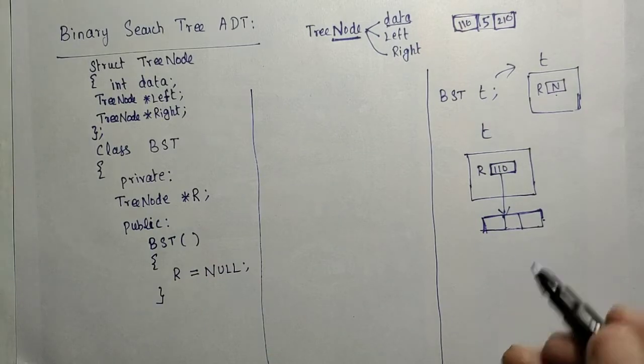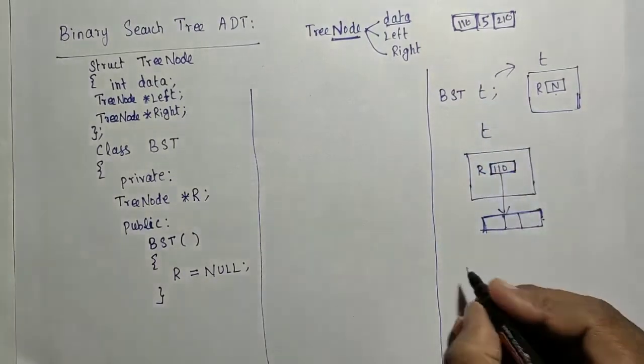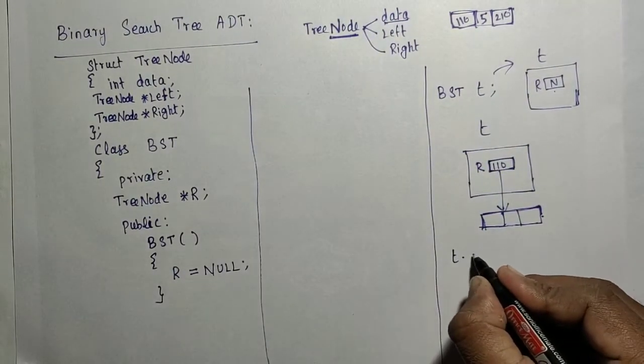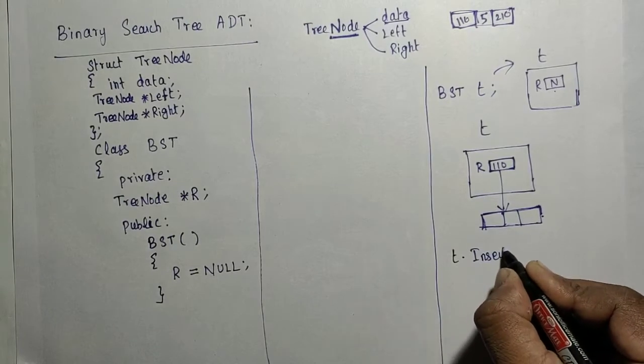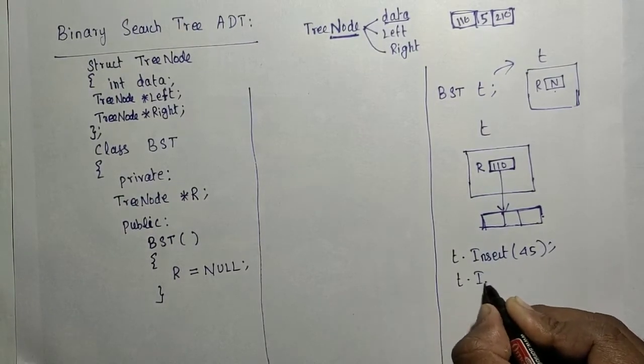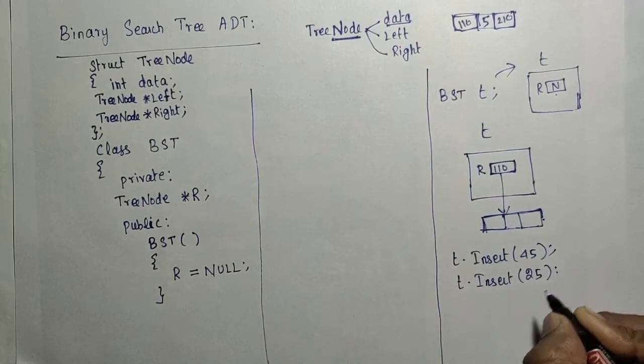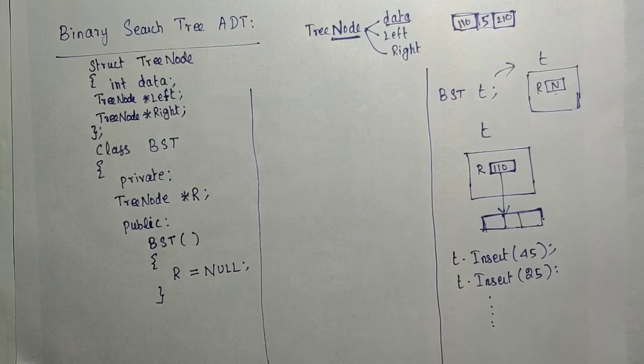Again, the elements will be inserted one by one into T by calling T dot insert of 45, and T dot insert of 25. Like that I have to call one by one.